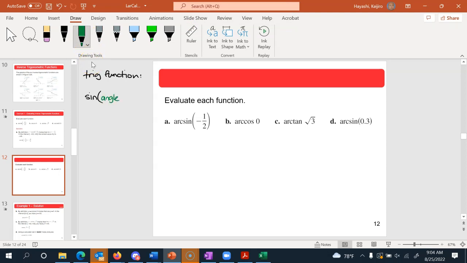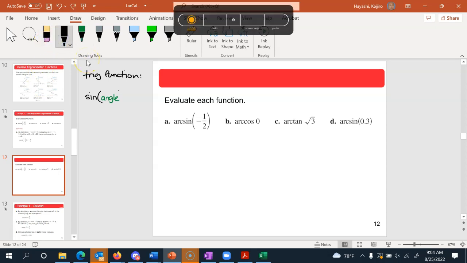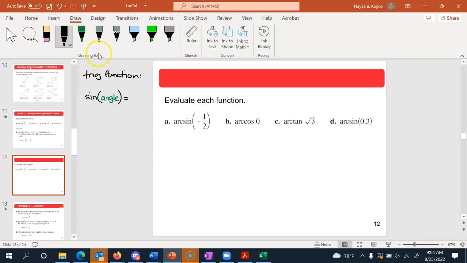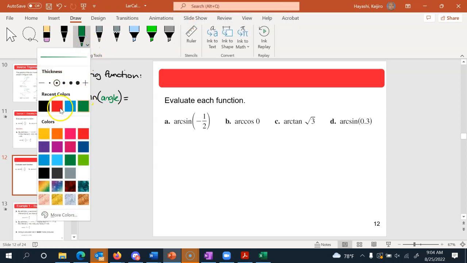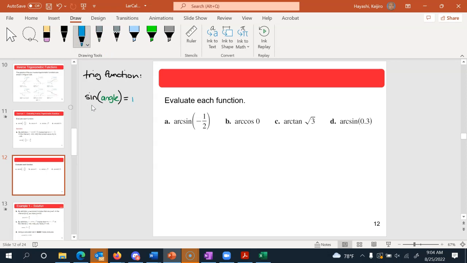Like 360 degrees, or pi over 2, or 11 pi over 6, or whatever. And what it evaluates to is some sort of ratio.